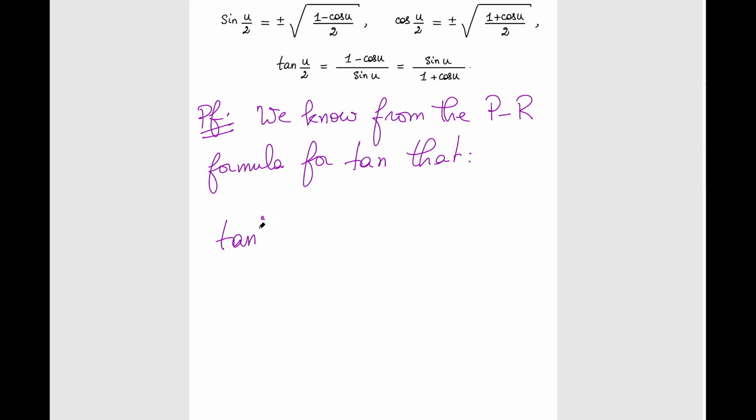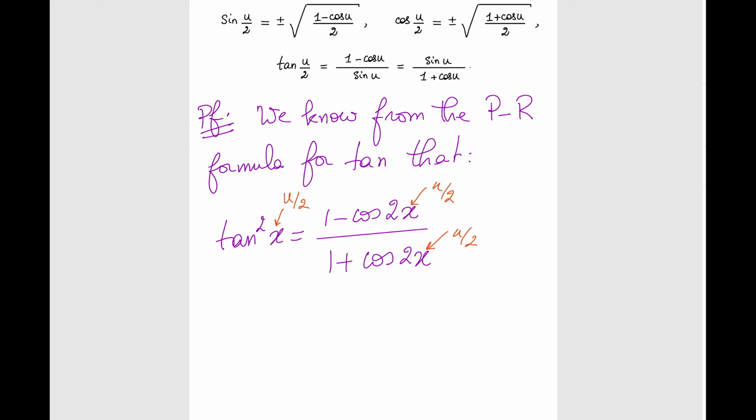Tangent squared x is equal to 1 minus cosine of twice x divided by 1 plus cosine of 2x, right? Over here, as we've been doing, I'm going to replace x by u over 2. So each time I see x, I'm going to replace it by u over 2.